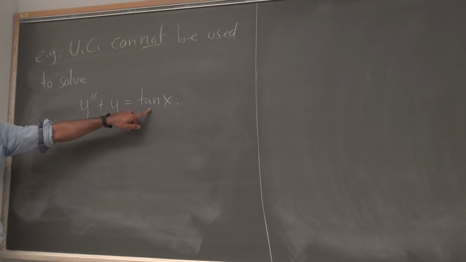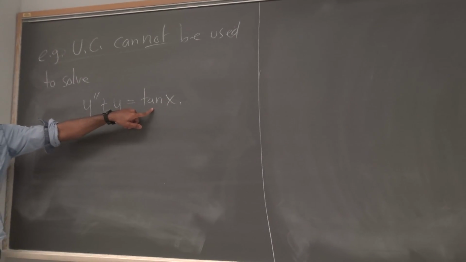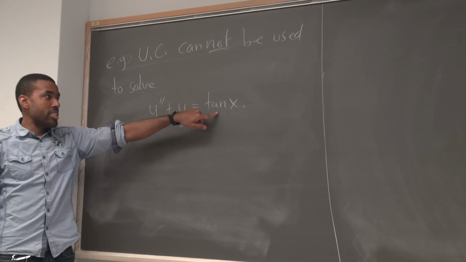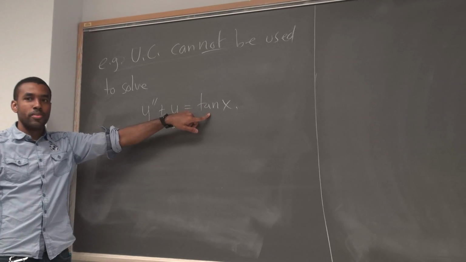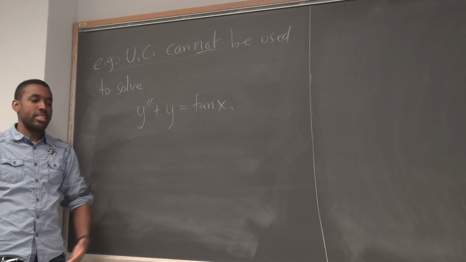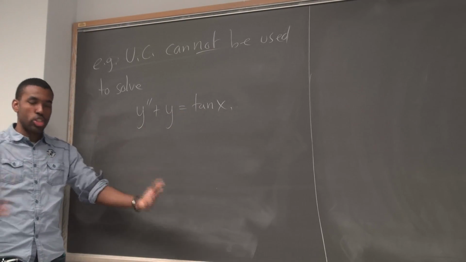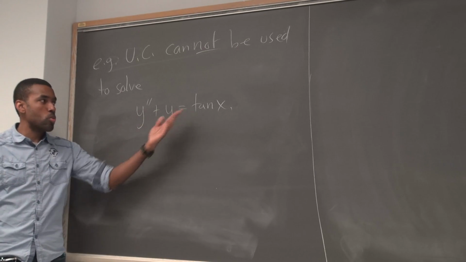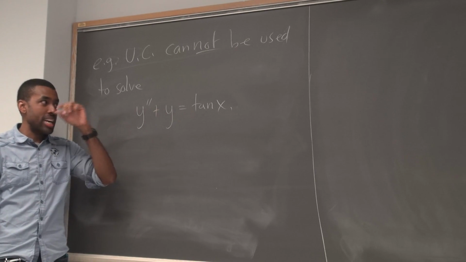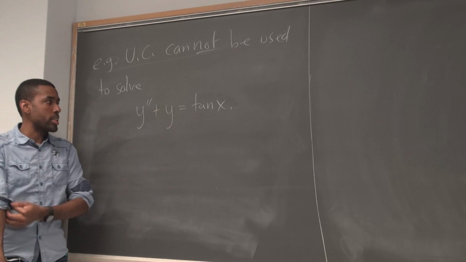Turns out that every time I take the derivative of tangent, I get something that looks completely different, right? Tangent actually has an infinite number of linearly independent derivatives. There is no general formula I can say, oh, the particular solution should look like this. There's an infinite number of things to choose from, right? It just wouldn't work. I cannot pick functions that would look like its derivative.